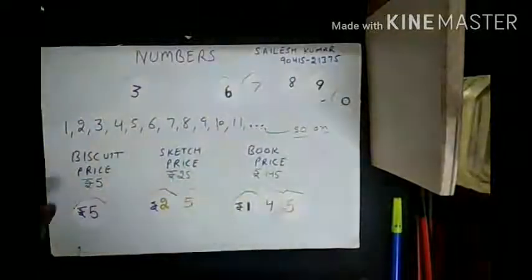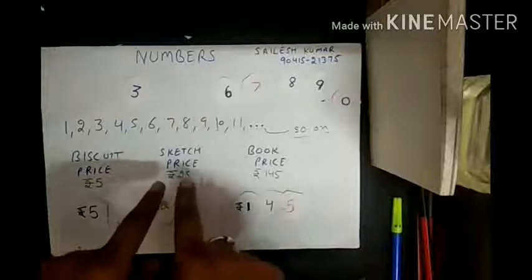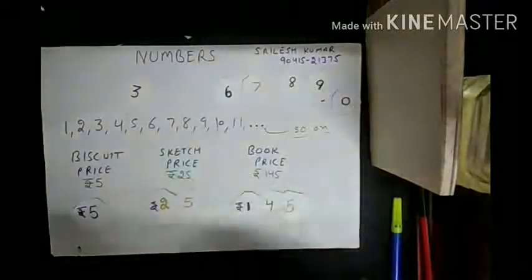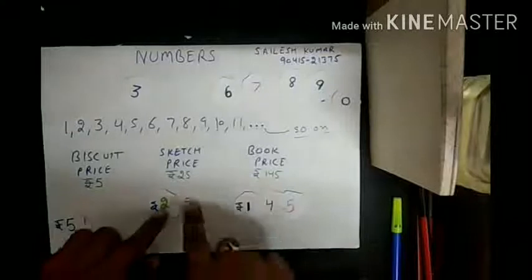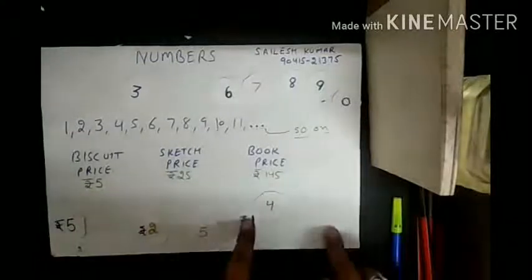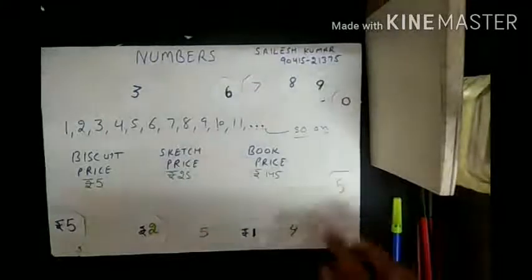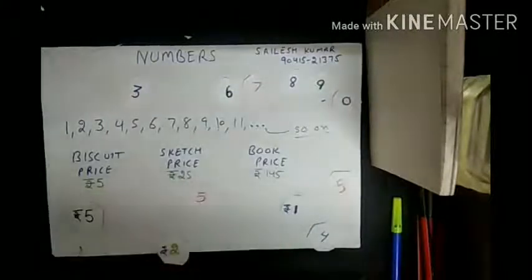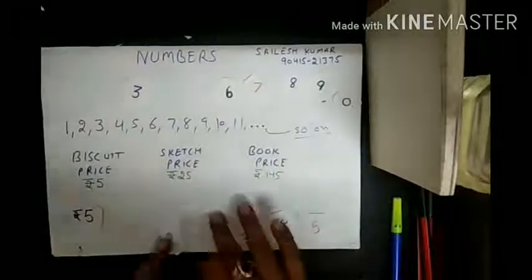Now the actual price of the biscuit is rupees 5, the sketch pen price is rupees 25, and the book price is rupees 145. All these numbers are formed with the help of the digits, and the digits are 5, and this is 2 and 5, and this is 5, 1 and 4. So if we take these individually, then these are the digits, and when they are written in this form, then they form the number.